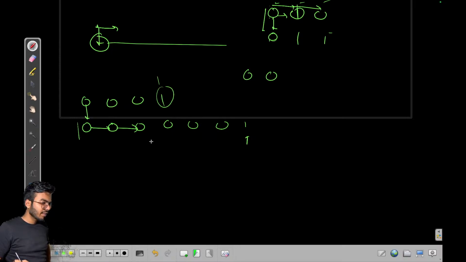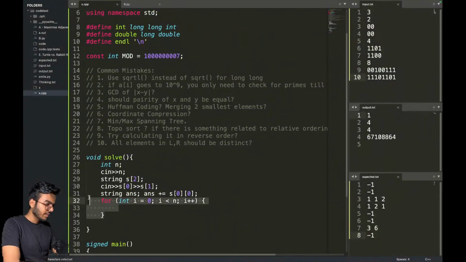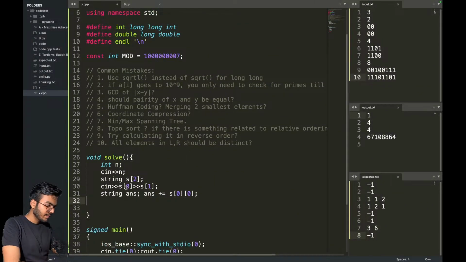And if I see that this has more zeros at the start, then I will take that path. But the question is, when will the number of paths be the same? So first thing I should do is take it as S1 and S2 only, because that won't affect my answer.